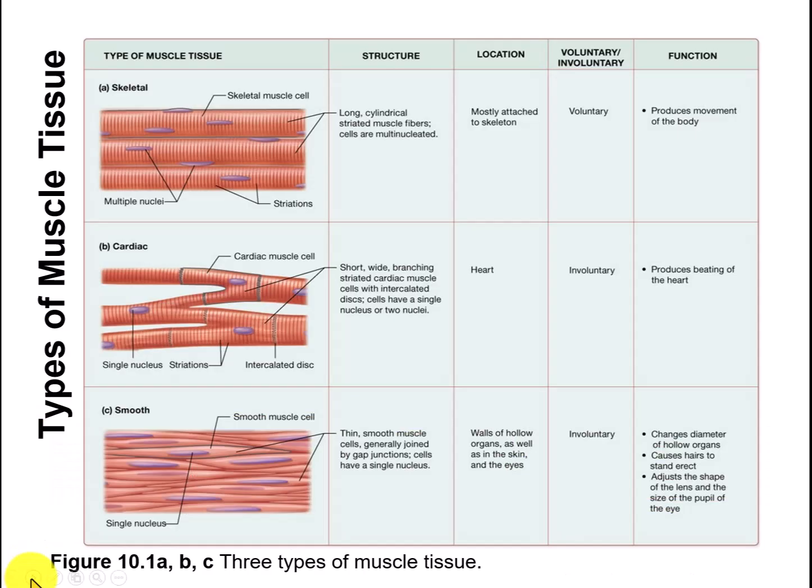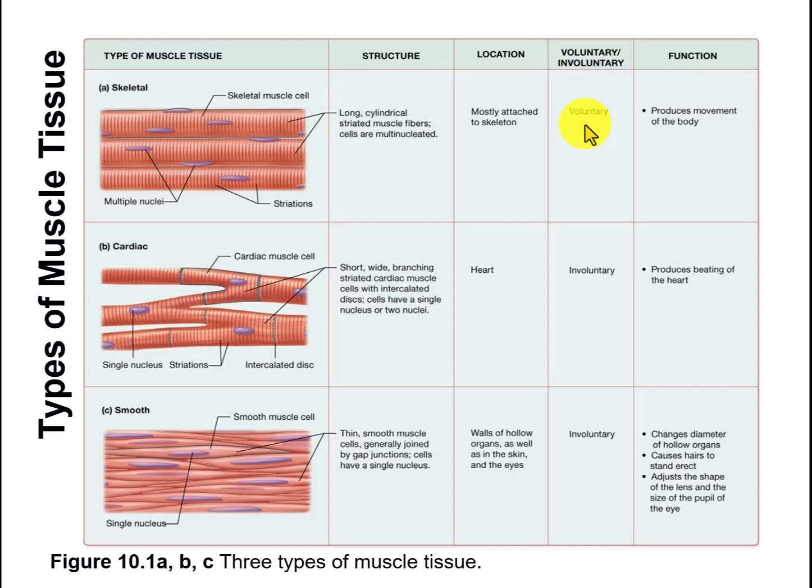There is a table that gives you a summary of these, gives you the structure, the location, whether it is involuntary or voluntary. And so the only voluntary is our skeletal muscle, even though we don't really think about it. You learn to walk, so you have to teach yourself to walk, and then once you learn, it's still a voluntarily controlled thing.